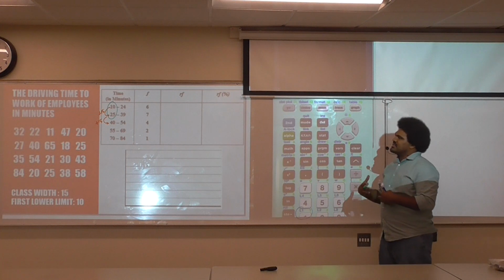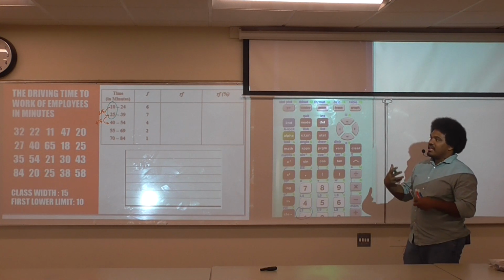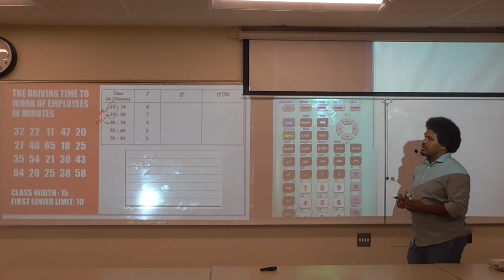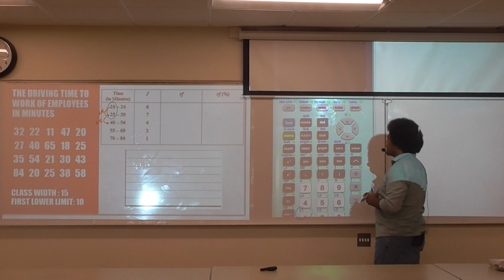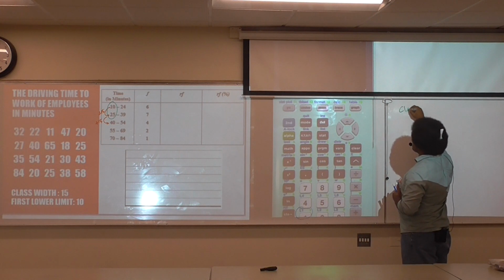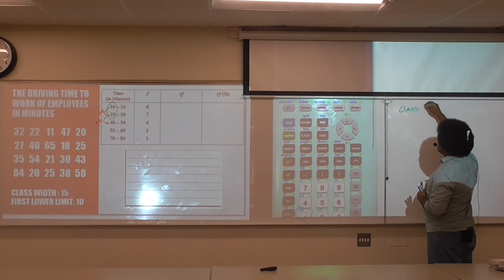The real upper limit is the next class's lower limit. We're saying, hey, I'm going to start here, so anything less than me should go to the one below. That's what the lower limit is saying. So if I want to find the class interval, which we also refer to as interval size, or class width, I'll write it right here.